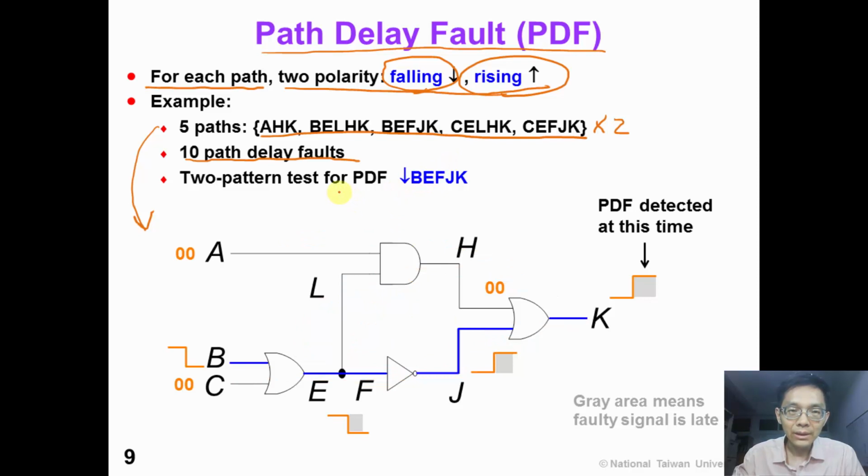Now let's consider the path DelayFault BEFJK, which is marked in blue color.